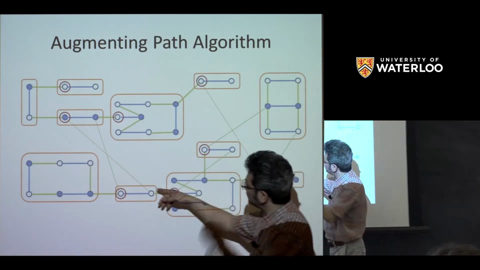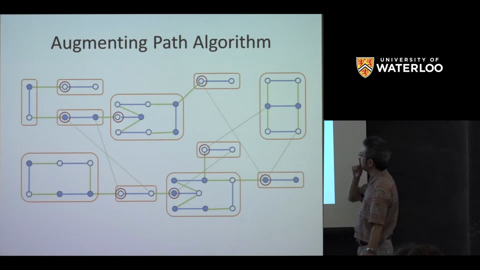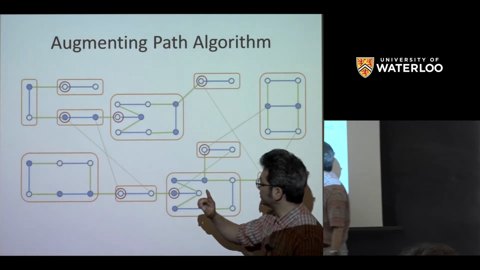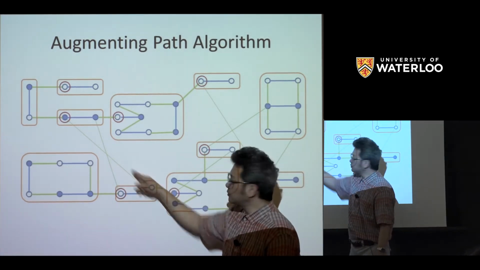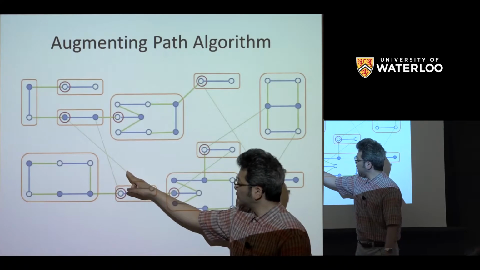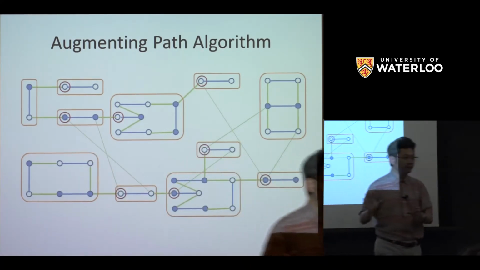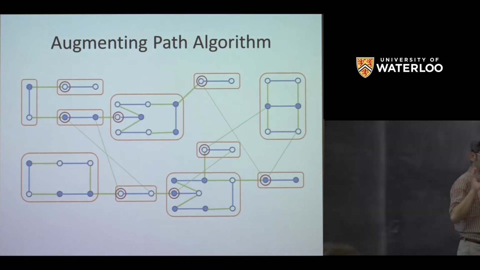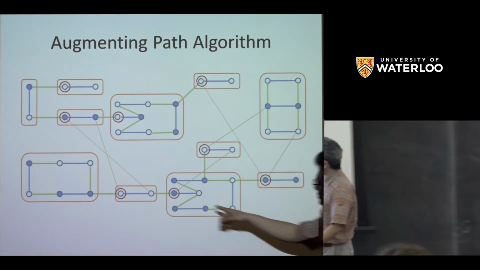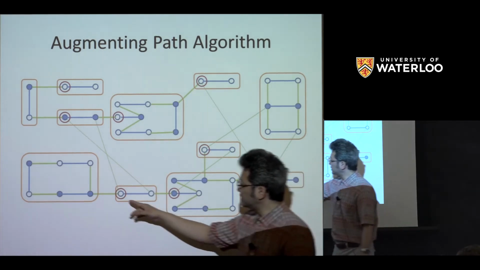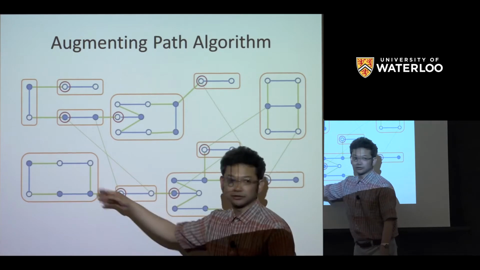I should say that if you have these edges, at least one of its endpoints should be marked by red, okay? We can find this red part. So in the blossom, the red part corresponds to the tip, and in the line, the red part corresponds to the vertex which is closer to the source.